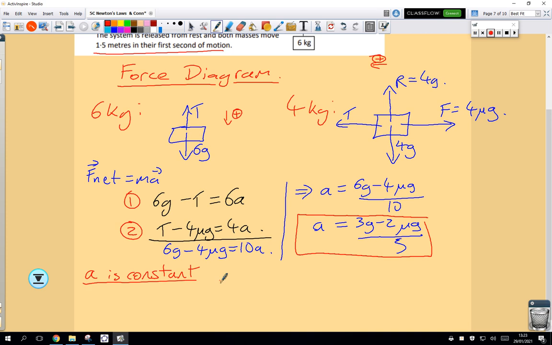And it tells us the system is released from rest and both masses move 1.5 meters in their first second of motion. It's released from rest, so u is equal to 0. And we're also given that displacement is 1.5 when t is equal to 0.